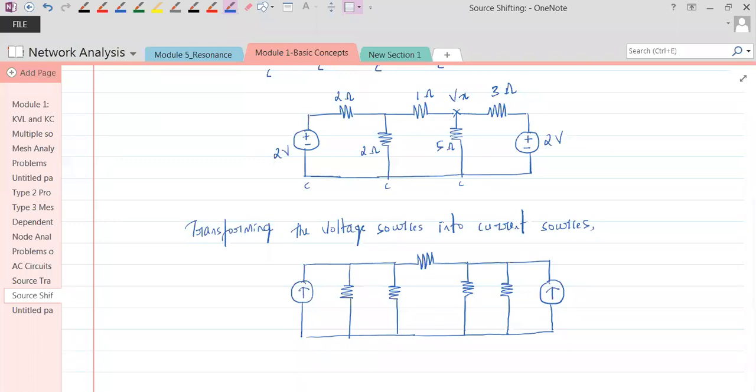So these resistors, the earlier resistors would be there as it is. This 2 ohms, 1 ohm, and this 5 ohms would be there as it is, and this Vx has to be intact because this is what we are finding. So when we are finding out Vx, you're not supposed to lose 5 ohms. So that you need to remember.